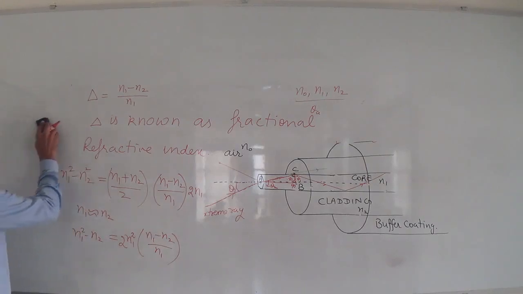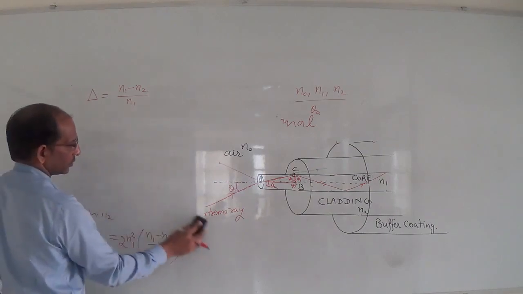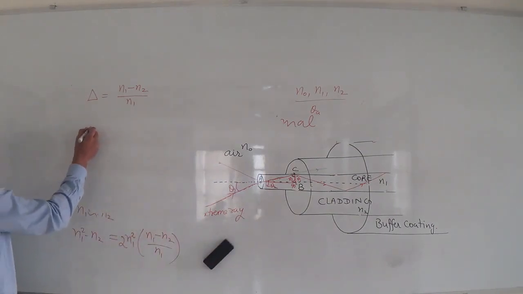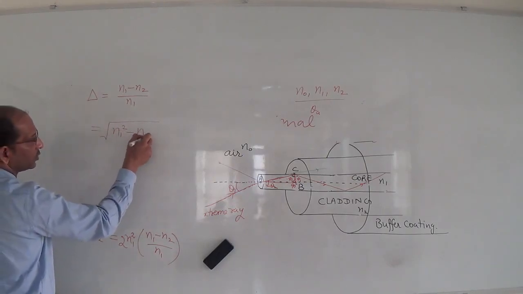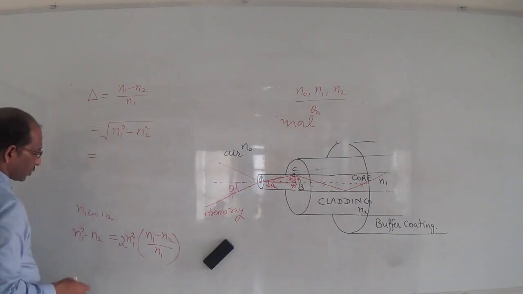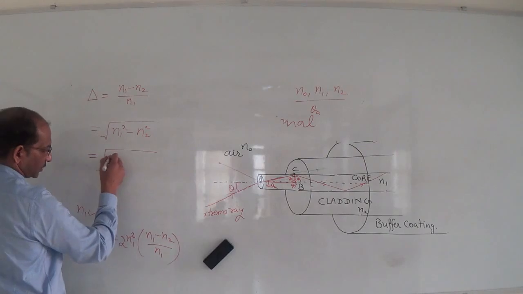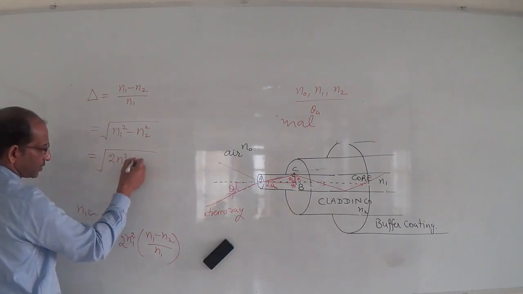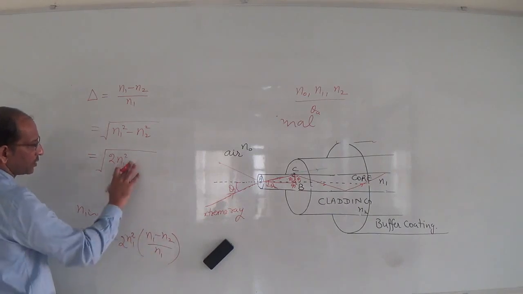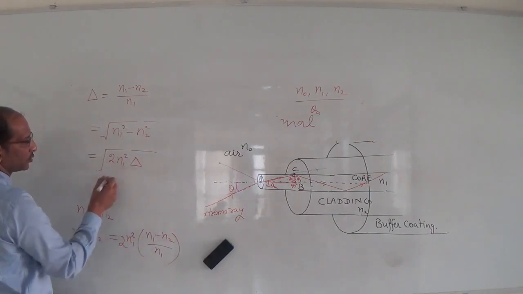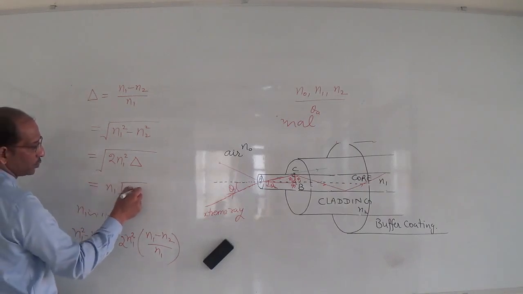Now I am putting this value into the formula: square root of n1 square minus n2 square is equal to square root of 2n1 square into delta, so the result will be n1 square root 2 delta.